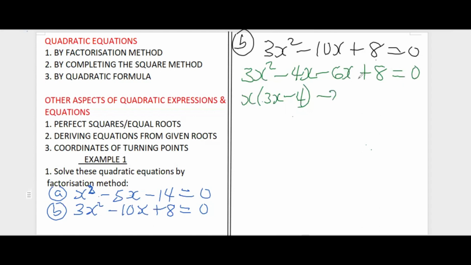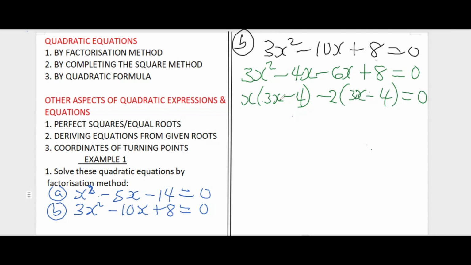That is 2. Negative 6x divided by negative 2 is positive 3x. Then positive 8 divided by negative 2 is negative 4, equals 0. And of course, the value inside the two brackets must be the same. Otherwise, that means you must have done something wrong.